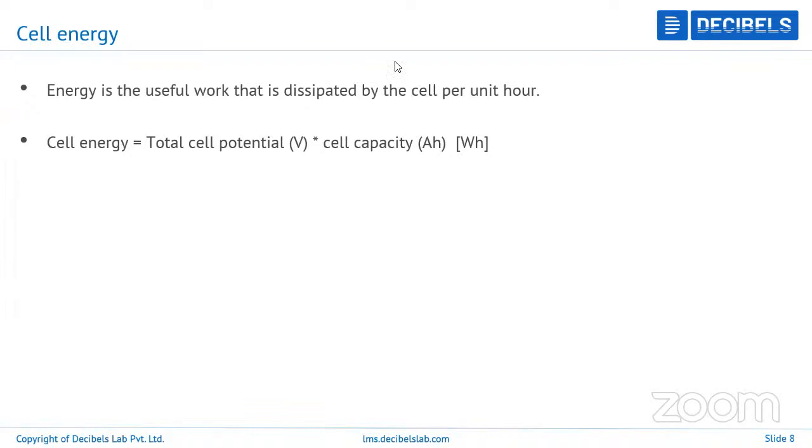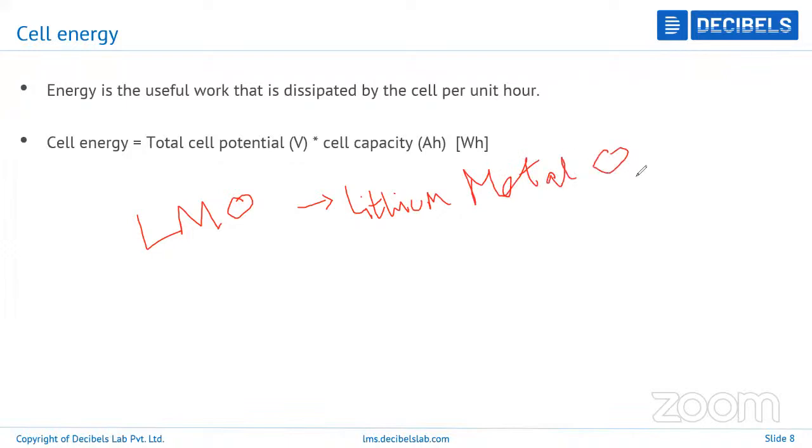Let's take an example of LMO. LMO is basically lithium metal oxide. I am broadly classifying this as lithium metal oxide because, in the case of LMO, many metals can be used: aluminum, magnesium, manganese, copper, tin.